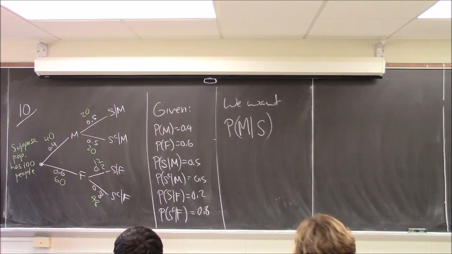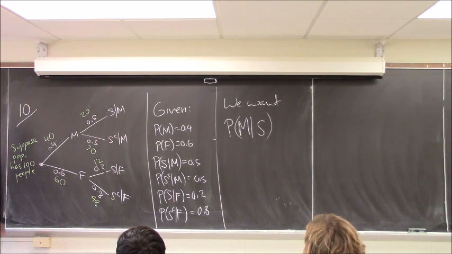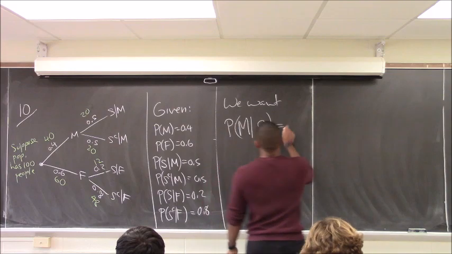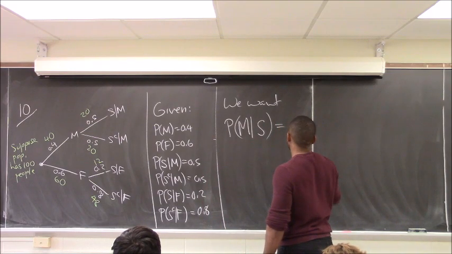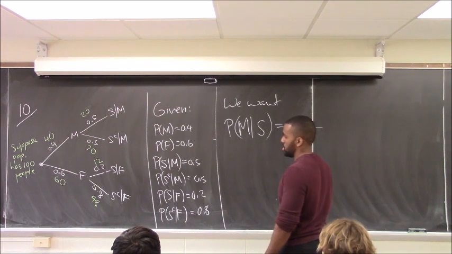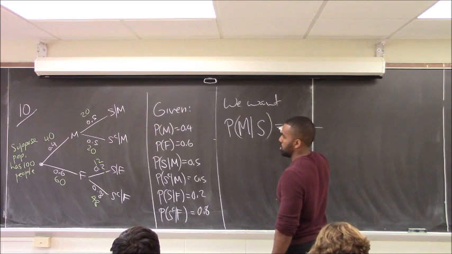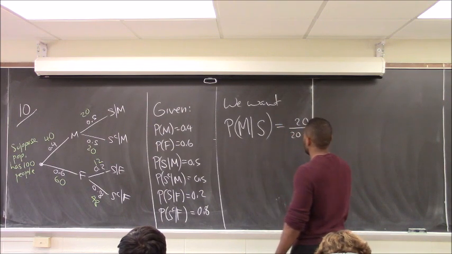And then your probability of male given smoker is just 20 over 32, well, it's 32 because you take the 20 plus the 12, right?